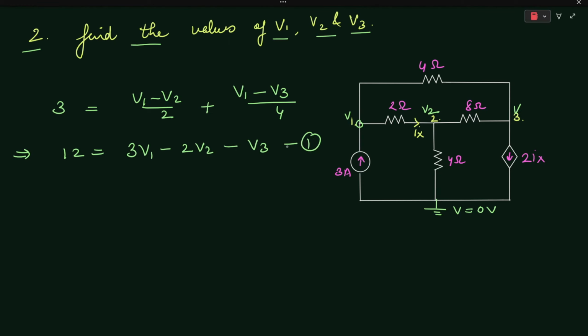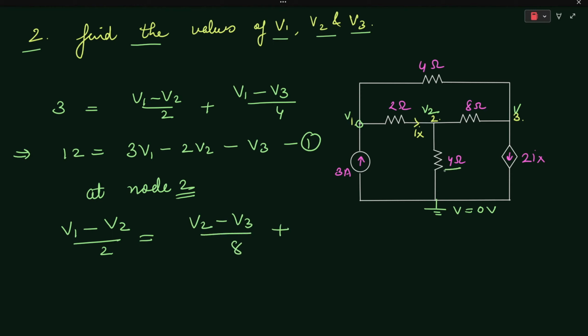Now let's apply KCL at node 2. The current flowing from the 2 ohm resistor, which is your Ix, (V1 minus V2) upon 2, will be equal to (V2 minus V3) upon 8 plus the current flowing from the 4 ohm resistor, which is your (V2 minus 0) upon 4.